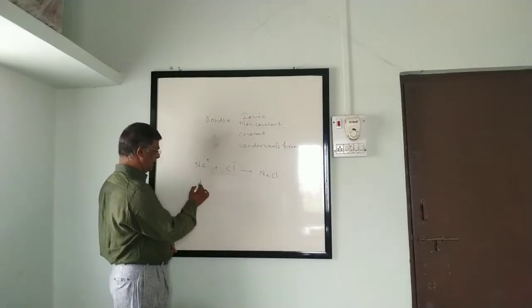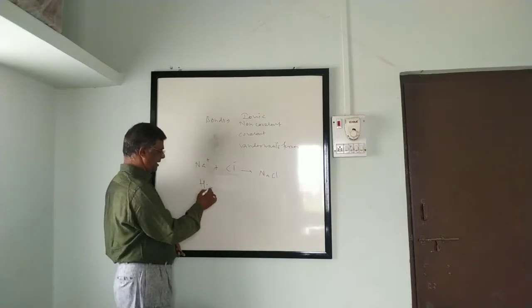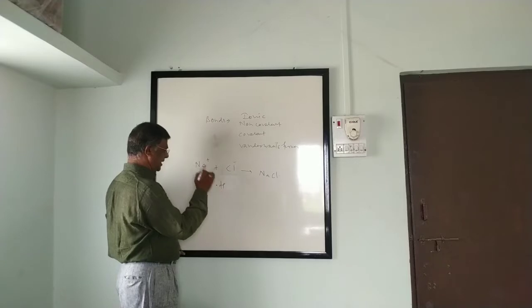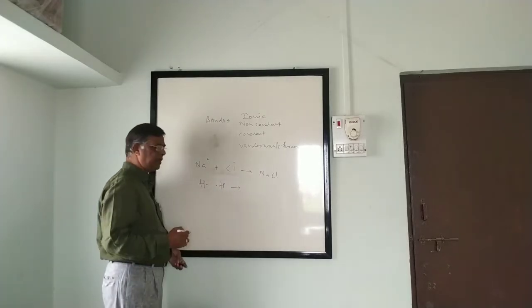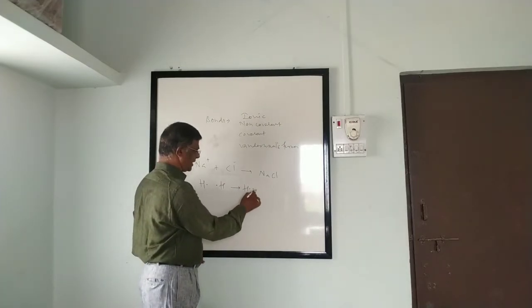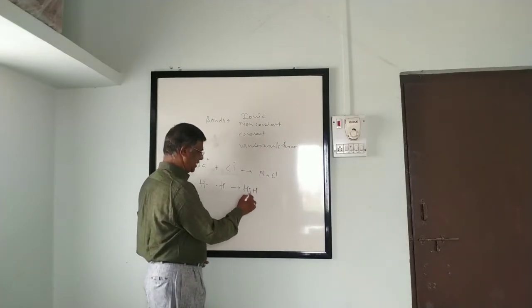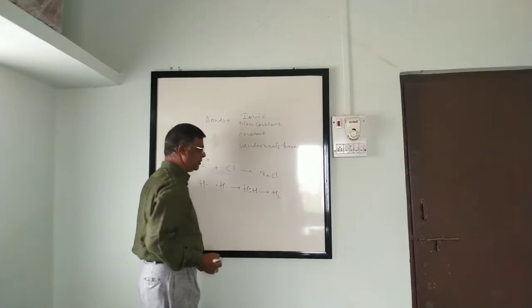Say for example, this H has one electron, then another H has one electron, and by sharing the two electrons it will form H2, which is a stable structure.